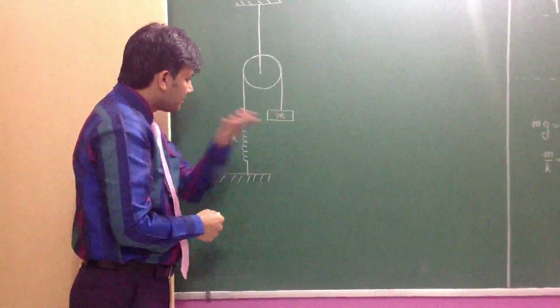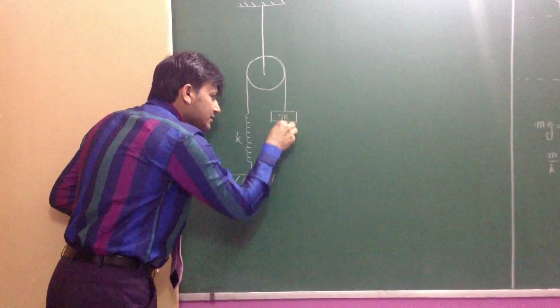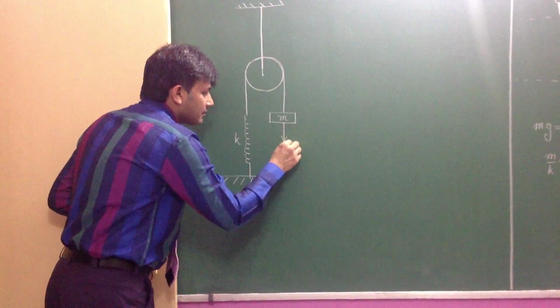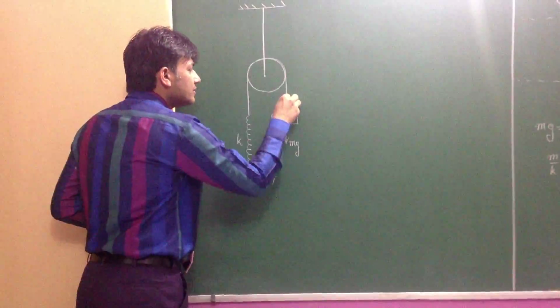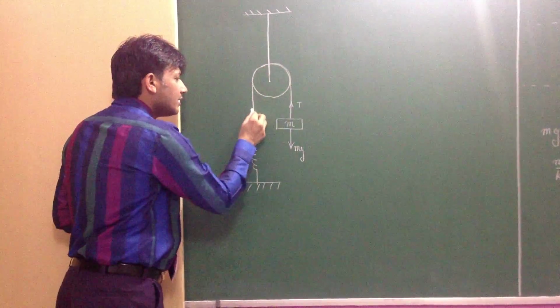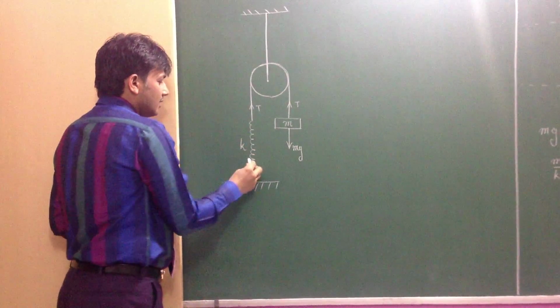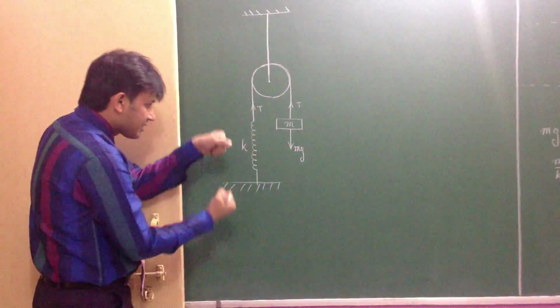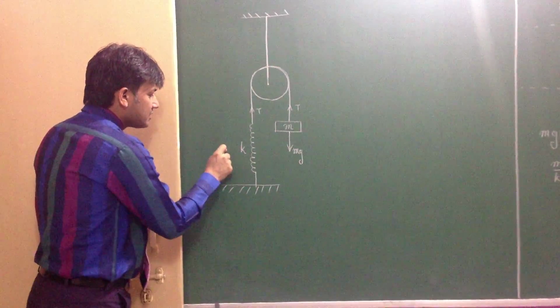Now I am removing my stand from here. Due to this weight force mg, there will be a tension force in the string. The same string is over here. Due to this tension force T, the spring will be stretched. Let the increase in the length of spring be y.